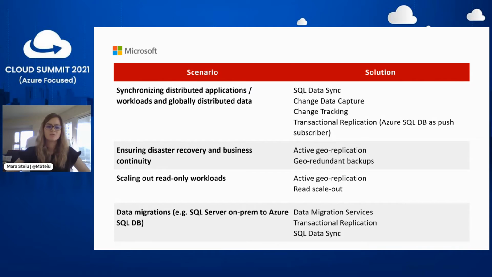And lastly, you might just do data migrations from on-prem to Azure, and you might want to use some of our technologies. Just a quick heads up, this is in no way a comprehensive list. There are so many more replication technologies that we have both at Microsoft and third-party great tools out there. But today we are just going to focus on these ones.